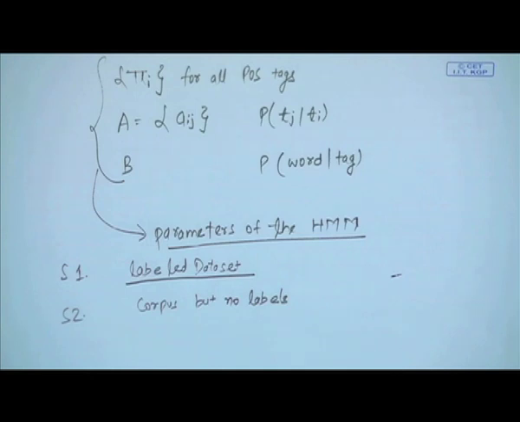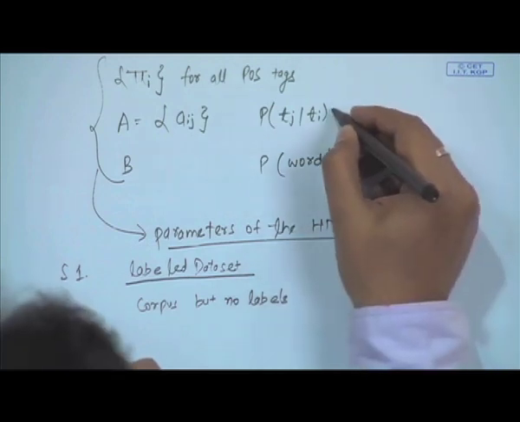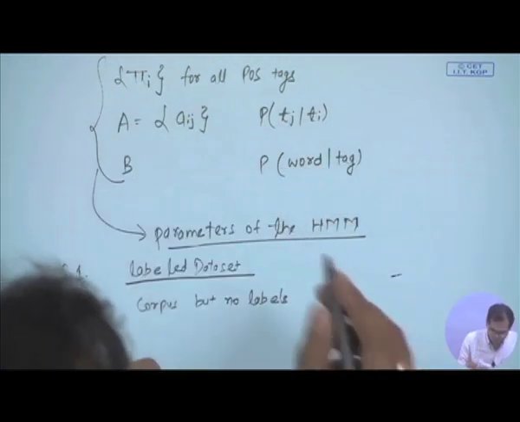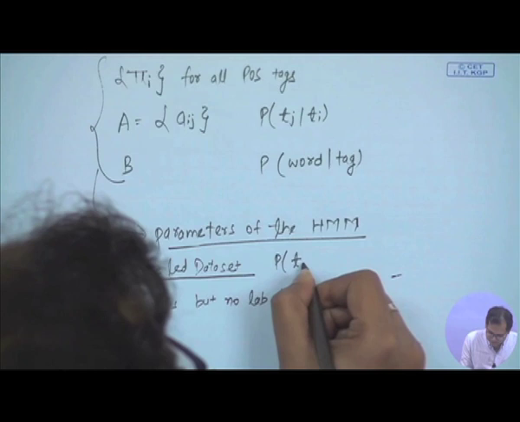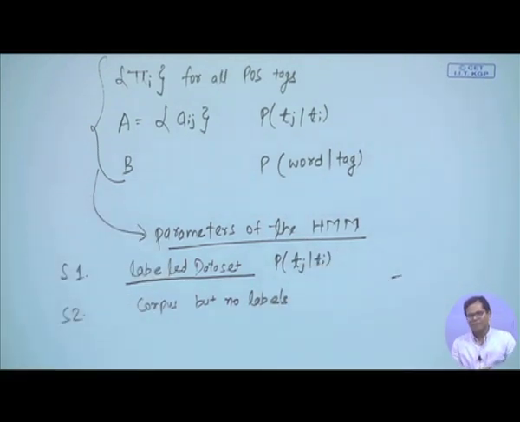Suppose you have scenario 1, the labeled data set. What can you do for finding the parameters of HMM? This is something we also took up last week. For example, I want to find a parameter like the transition probability, the probability of tag j given tag i. How will you find that? In the labeled data set, you will have all the possible tag sequences that actually occurred in the corpus.